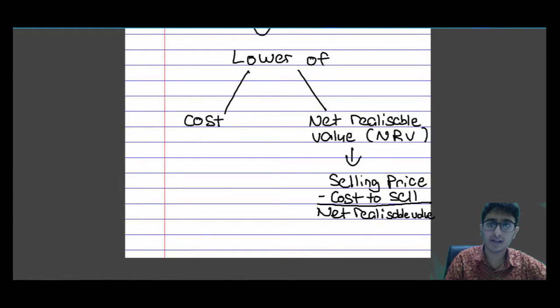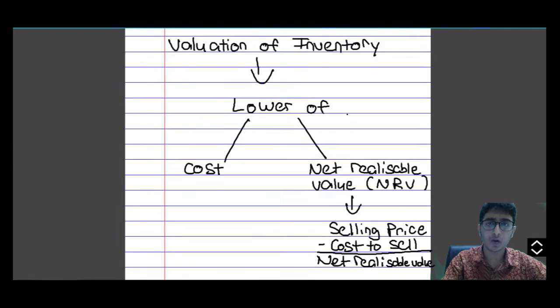Okay, to calculate NRV or net realizable value, selling price minus the cost to sell. An example of cost to sell would be, in order to sell our inventory, we would have to pay commission or we would have to profit share. Now this is what we call a cost to sell. Okay, we are going to value it at the lower of them.